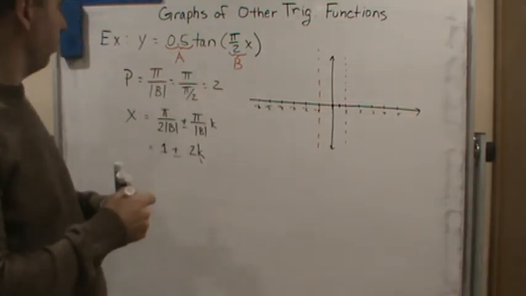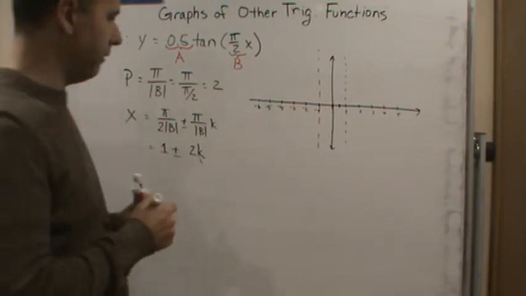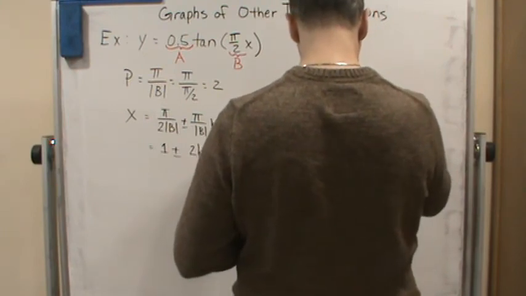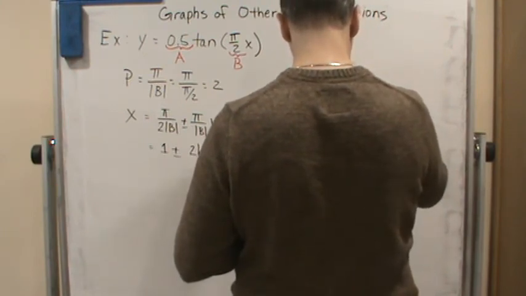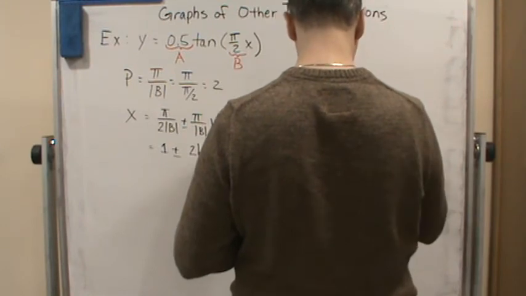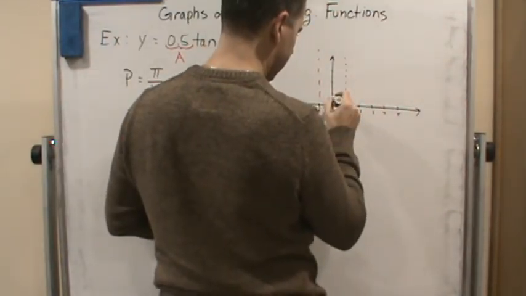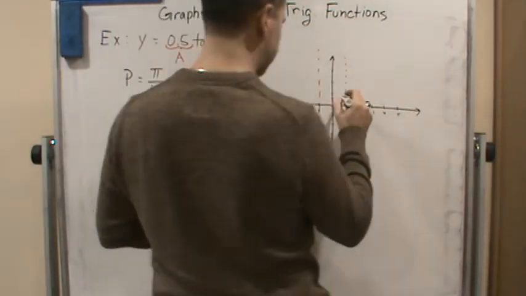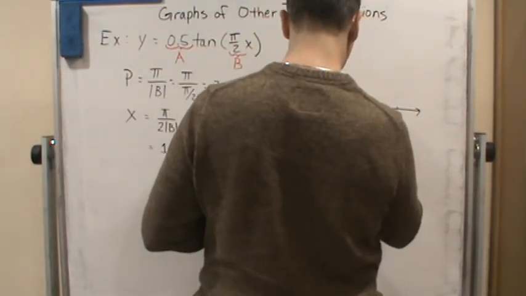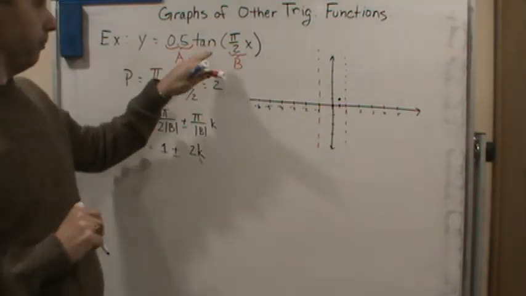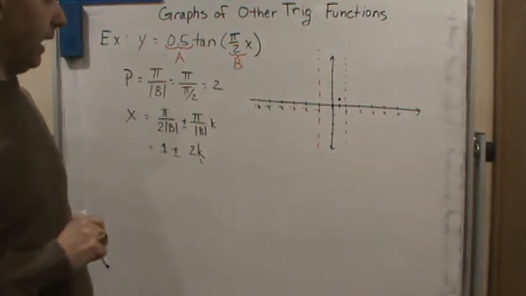So when x is 0.5, so is y. And that would also be the same when x is negative 0.5.